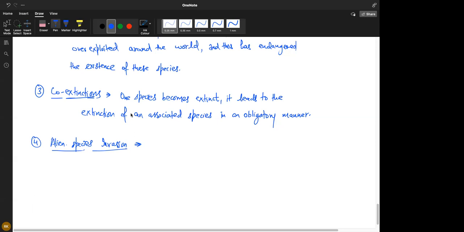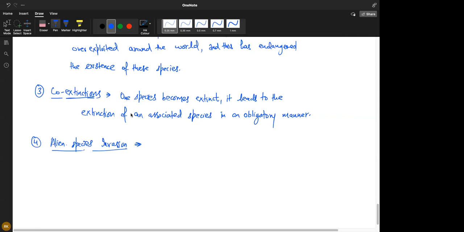There are a few things that can happen. The alien species, we call it alien because it's coming from a foreign ecosystem, might not do well in the new ecosystem. It might do okay and merge and gel with the ecosystem. And a third possibility is it might take over the ecosystem and cause negative effects on it. That's called invasion. Okay?